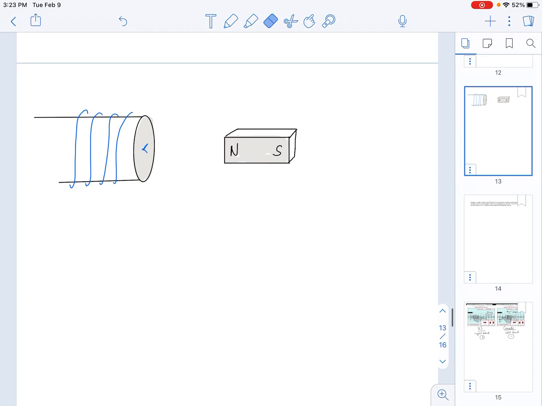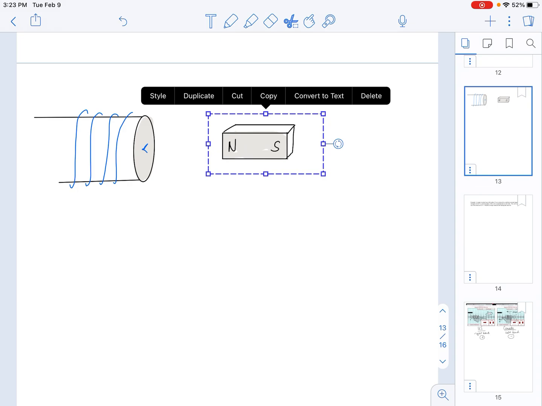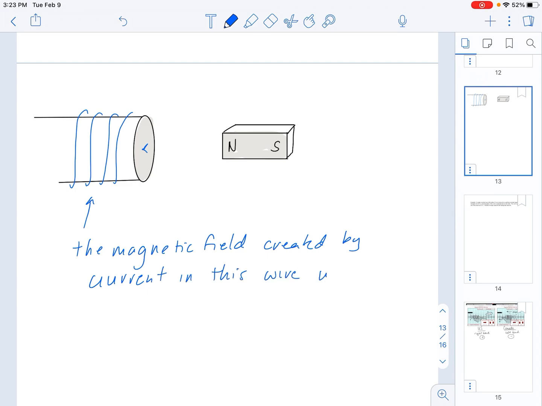All right, so here's the deal. When I take this magnet and I push it into the tube, what's going to happen is the magnetic field created by the current in this wire will oppose the motion.